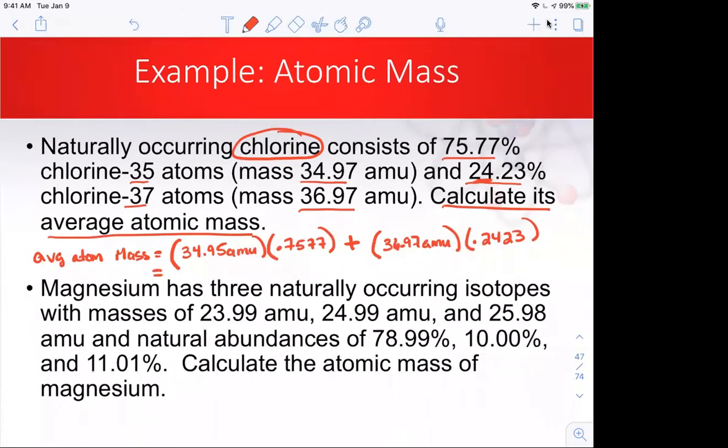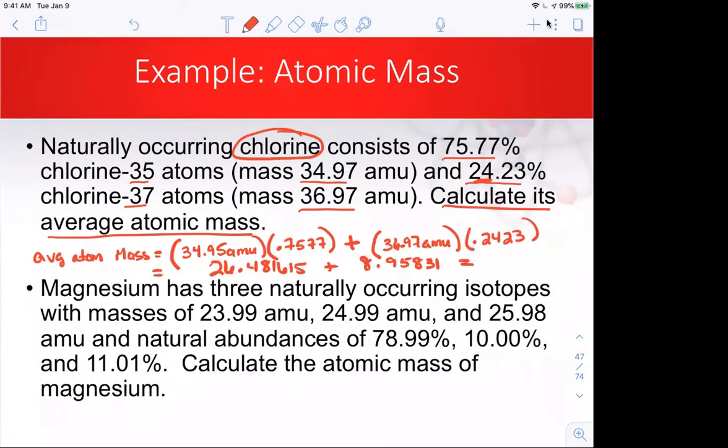I have 34.95 times 0.7577. That gives me 26.481615 plus, if I have 36.97 times 0.2423, that gives me plus 8.95831.